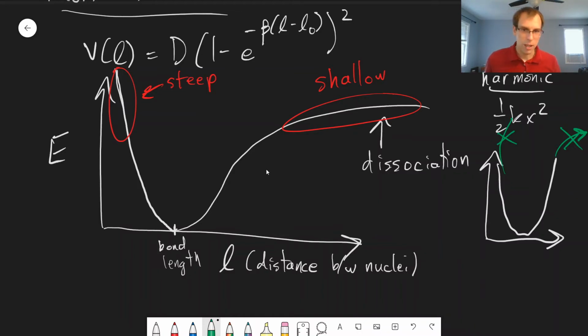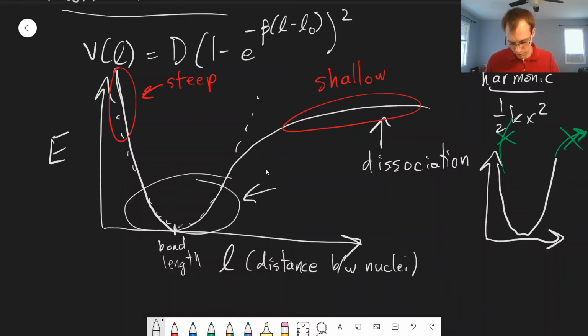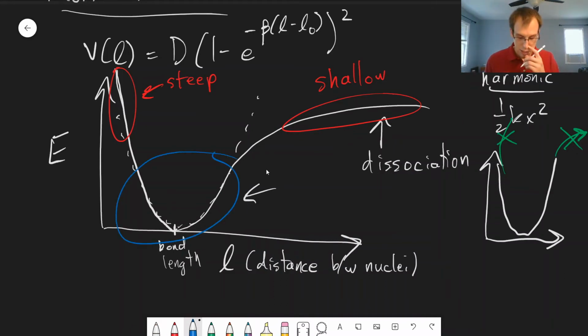And so this doesn't seem like it'd be a very good model for an actual molecule if it follows something like a Morse potential. But if we look at this part near the minimum, if we map a quadratic here, you can see that it matches pretty well in this region. Let me highlight that in a different color. So in this region near the natural bond length of the molecule, this roughly matches a harmonic potential.